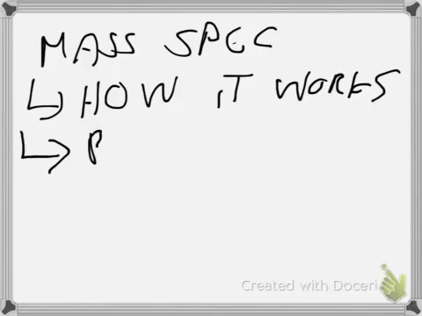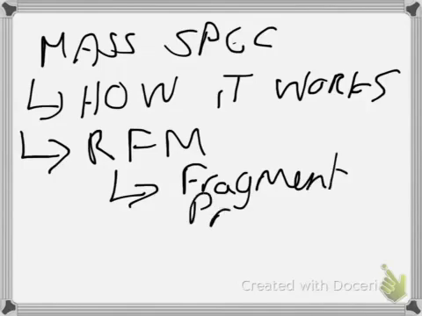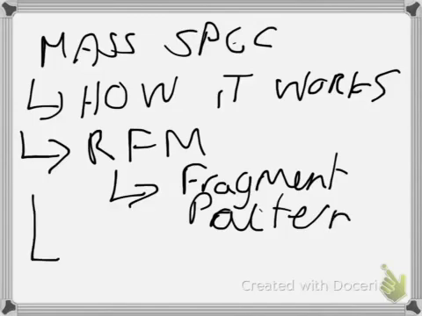We've looked at how we can use a mass spec to see the relative formula mass and the fragmentation pattern of a compound. We've looked at how we can use mass spec to see the relative atomic mass of an element.